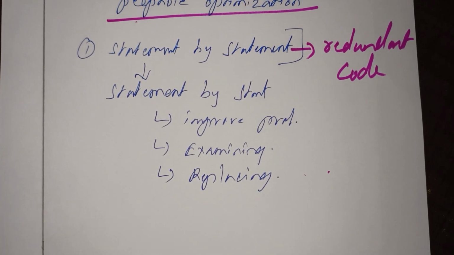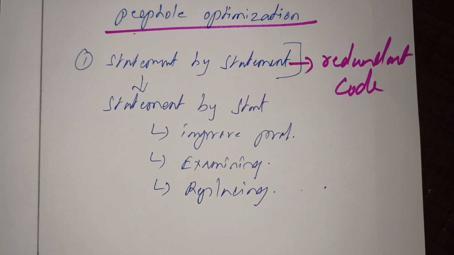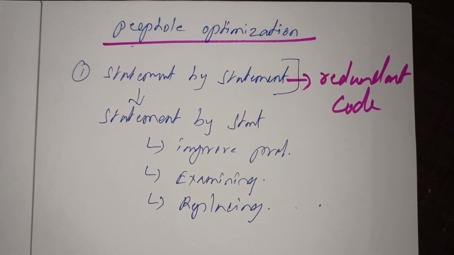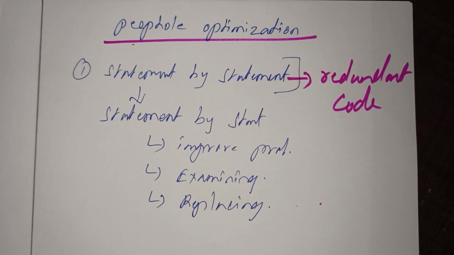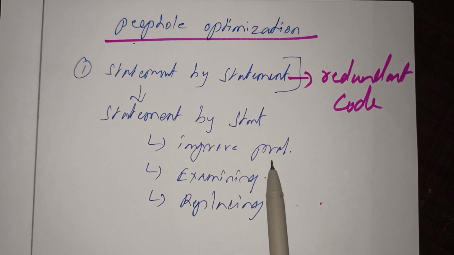In the previous video I explained the principal sources of optimization with several important techniques. Here we have the same process but from a different angle: it improves performance by examining and replacing instructions with a faster sequence.